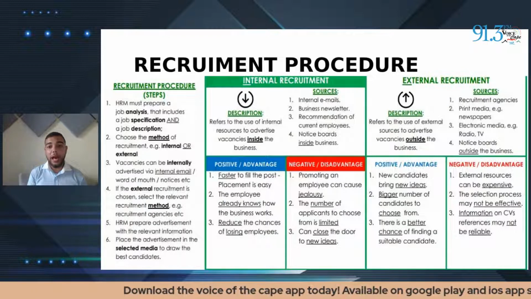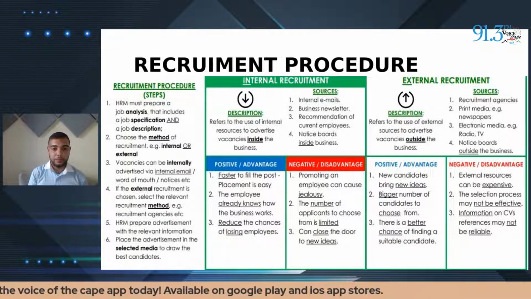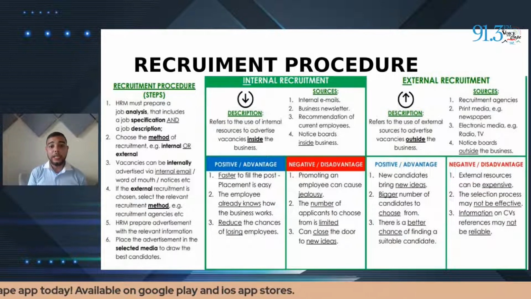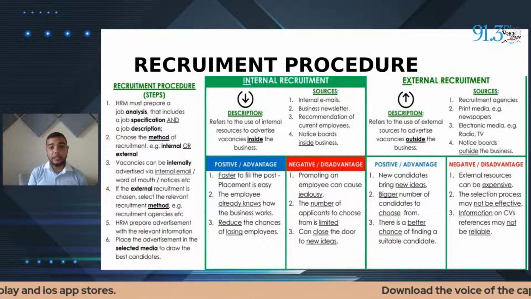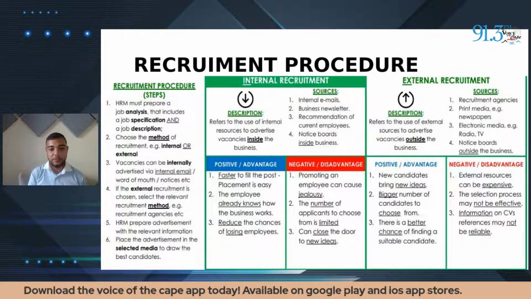We are now looking at our recruitment procedure. We look at internal recruitment firstly. So, the description of internal recruitment is that it refers to the use of internal resources to advertise vacancies inside the business.